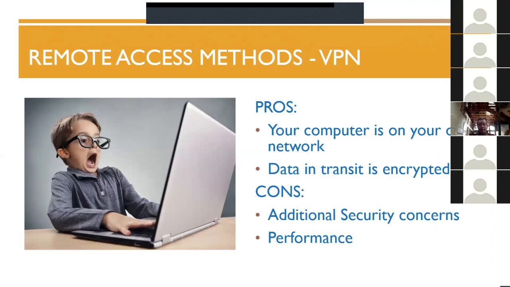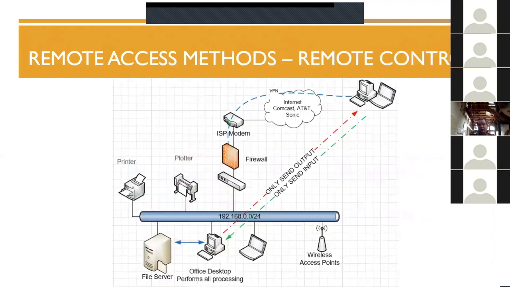All right, so I'm going to move on to the remote control mechanism. In context of this, remote control can also be used on top of the VPN, and we'll see that in the next slide. But basically, the way remote control works is that you are accessing a computer in your office and controlling that computer.